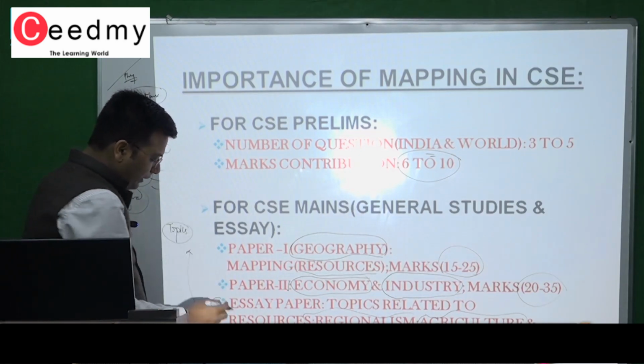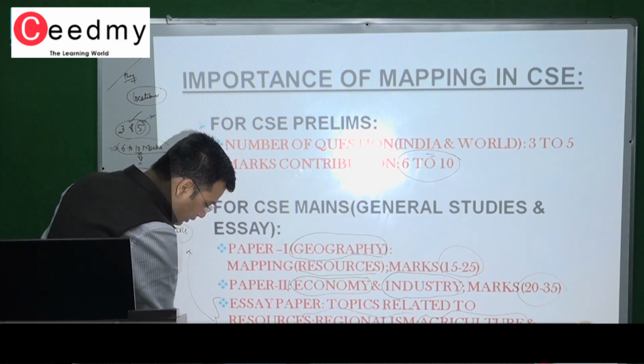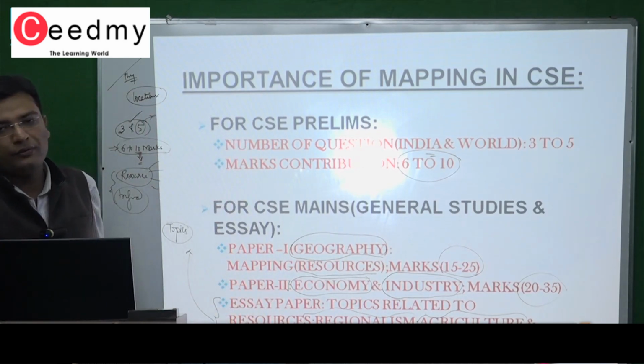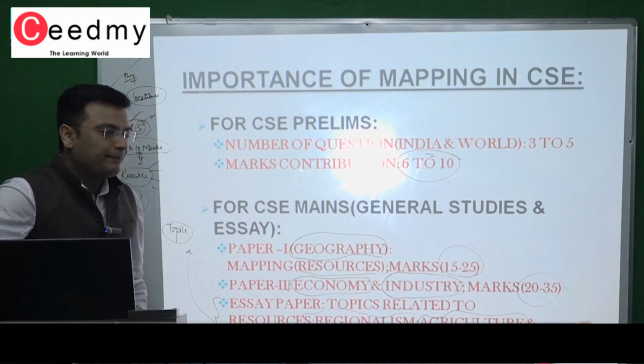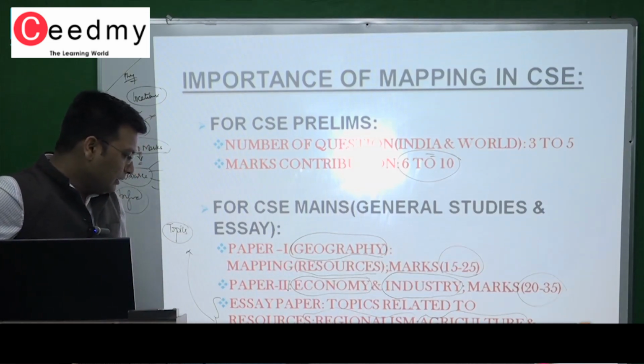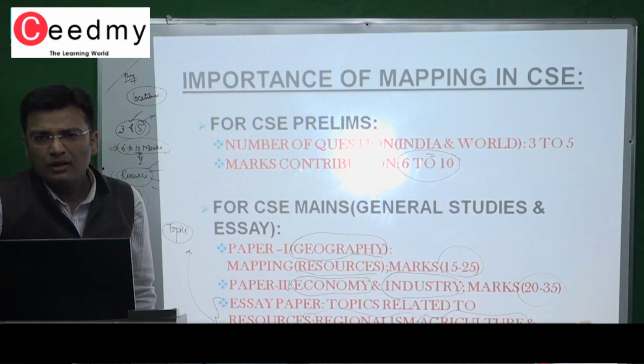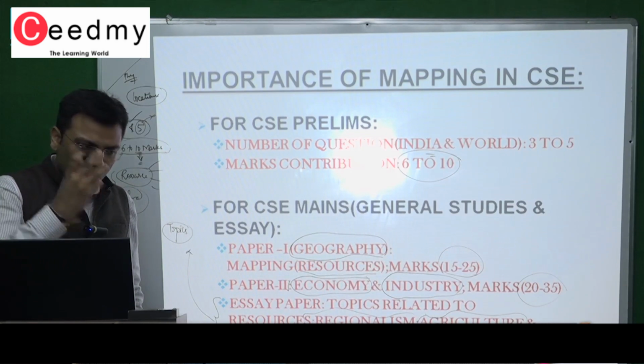Industry: the location of industries, the location of raw material, and the infrastructure between the location of the factory or industry and the raw material make your essay stronger.